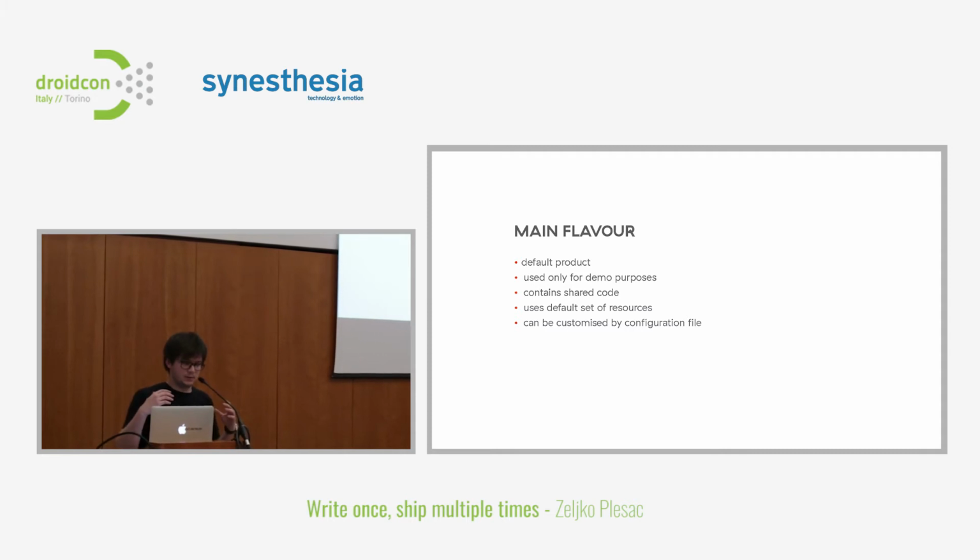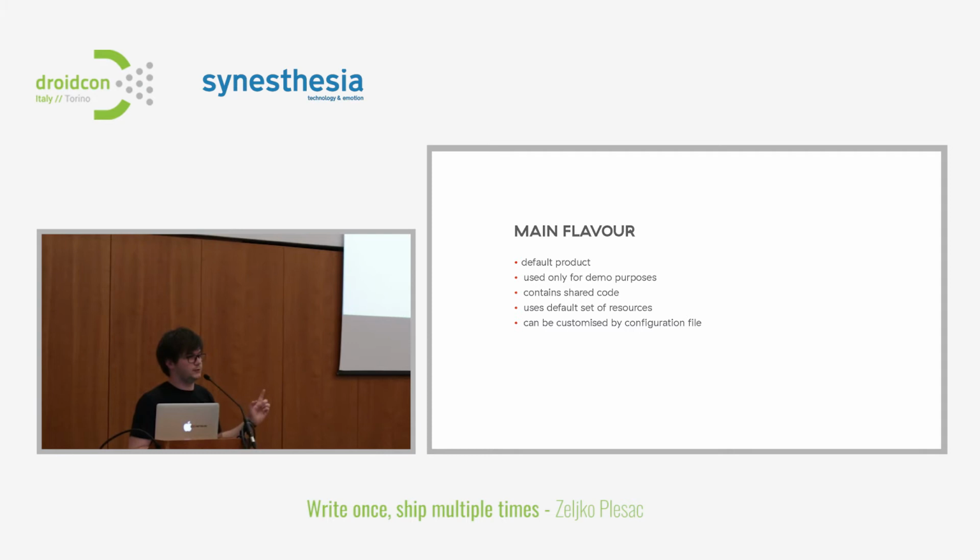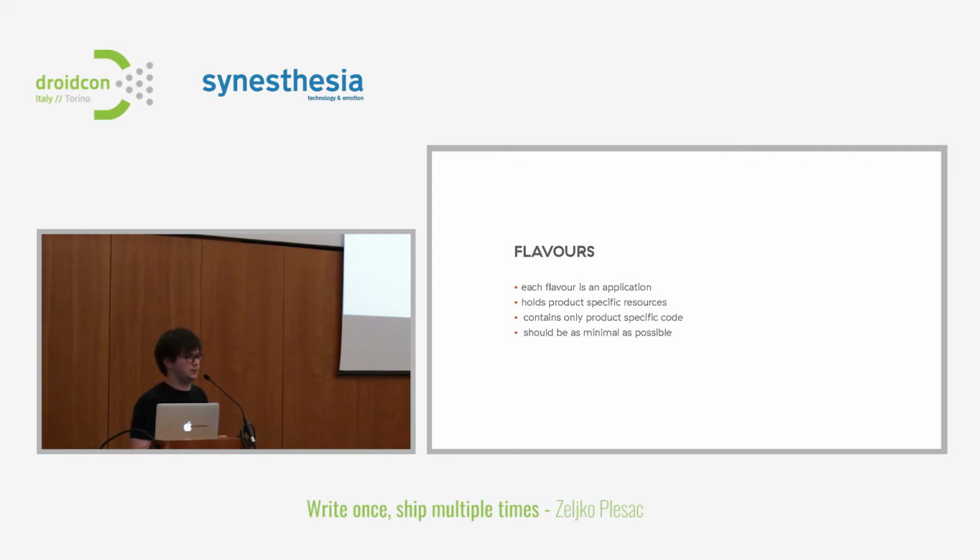In most cases you do heavy work only in the main flavor because it holds the shared code which is shared between the apps. Each flavor is then one application inside of your white label system. It should only hold product-specific resources, classes, and stuff like that, and it should be as minimal as possible.